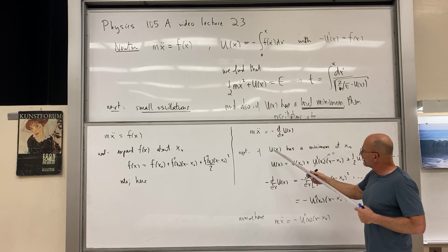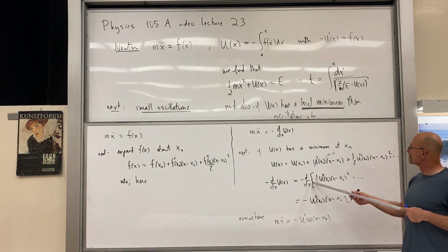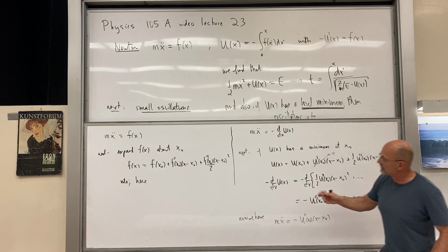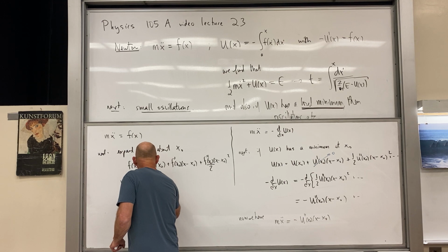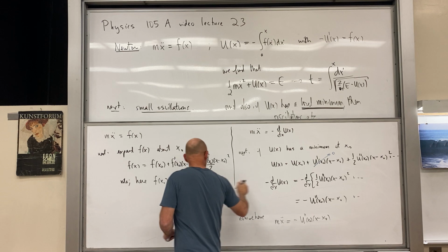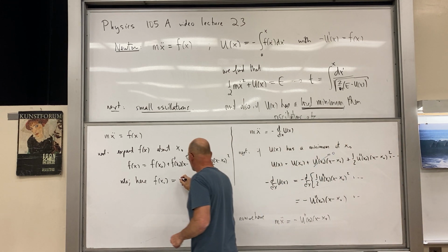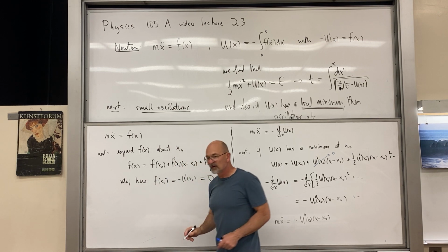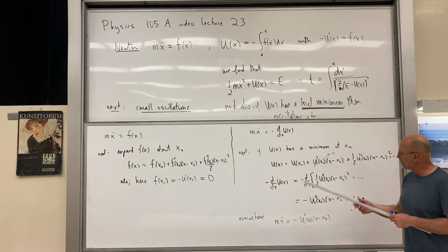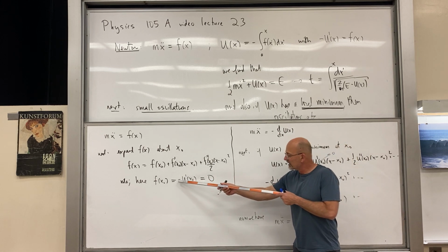So what we have here, since f of x0, let's just write it out first. Okay. f of x0 is equal to, going back over to the other side here, minus u prime of x0, equal to 0. So over here it was a local minimum of the potential energy. Here it is what?